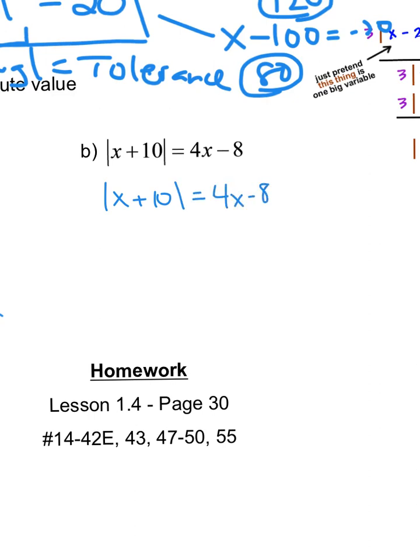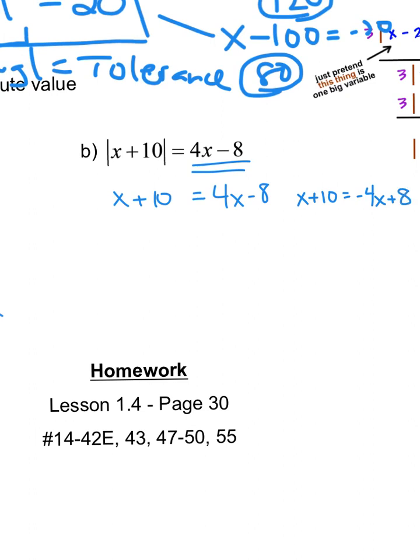We have 4x minus 8. All right, if I actually drop the absolute value bars, sorry about that. We also have the second answer, x plus 10 equals negative this side, which is negative 4x plus 8. Okay?